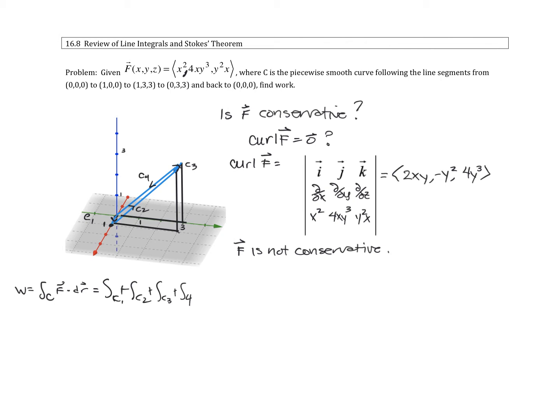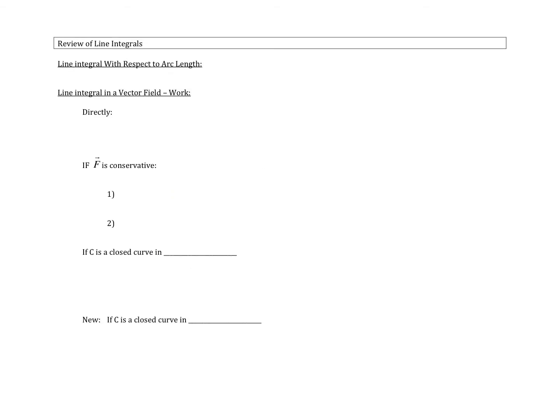But I'm going to start with a real quick review of line integrals. So when we talk about line integral with respect to arc length, that's the first one we talked about. That was in the first part of 16.2, and that was where we had an integral over a curve, either for a function of 2 variables or a function of 3 variables. That wasn't the work line integral.